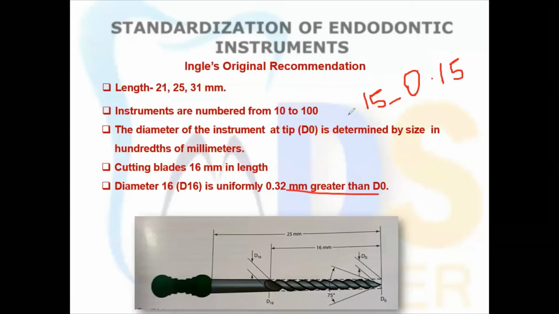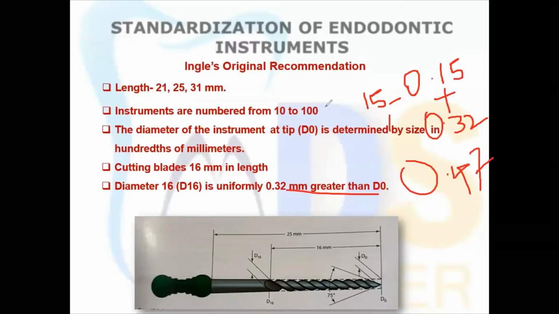That means for the 15 number file, if you want to calculate D16, it can be taken as 0.15 plus 0.32, which amounts up to 0.47.